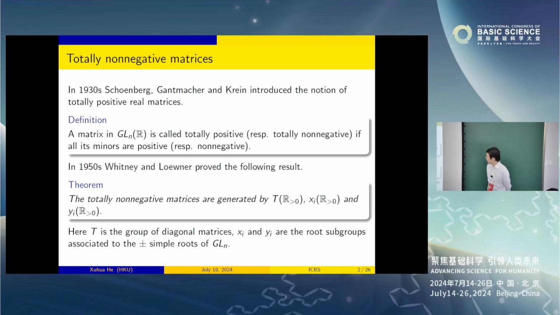They are generated by some very simple matrices: the diagonal matrices with positive diagonal entries, and some very simple matrices which we call x_i or y_i. These are almost diagonal, with only one non-zero entry either above or below the diagonal. In group theoretical language, these are the root subgroups.